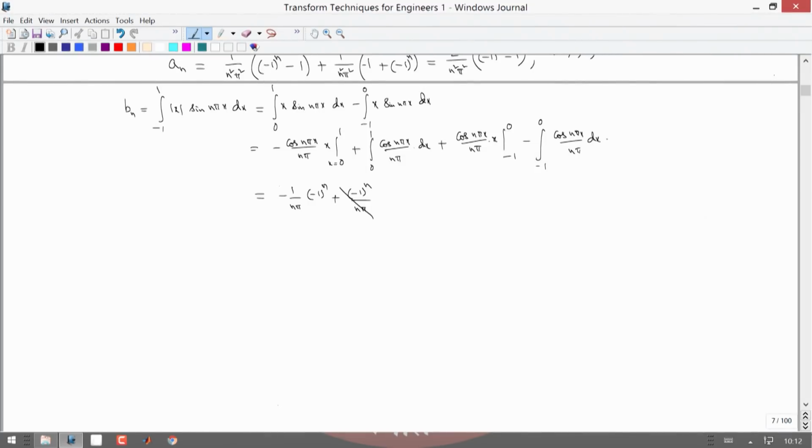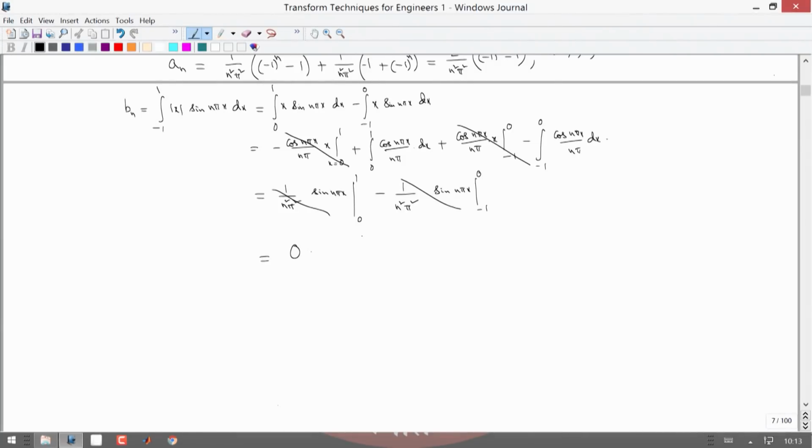So, this gets cancelled. So, they do not contribute, and what you have is 1 by n square pi square sin n pi x between 0 to 1, and you have here minus 1 by n square pi square sin n pi x between -1 to 0. So, this will be sin n pi, sin 0 is 0. So, both are 0. So, that makes it 0.